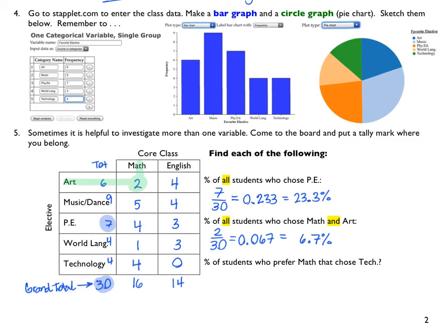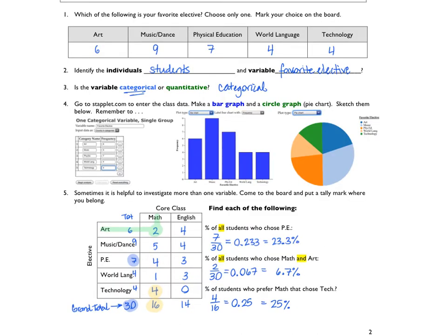So out of the math students, so we're going to use the grand total for the math students, how many of those liked tech as their favorite elective? So the way that we write that is 4 out of 16, which is 25%. Let's add some notes to the work that we've done.